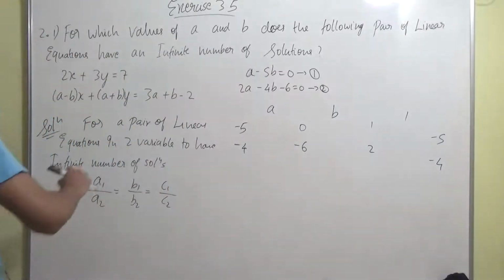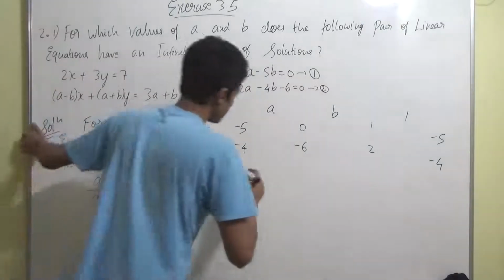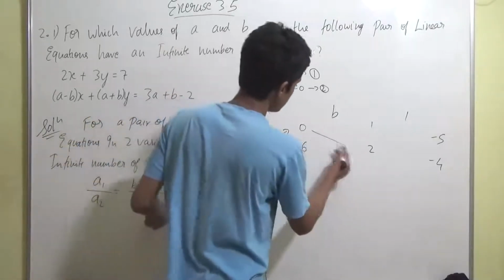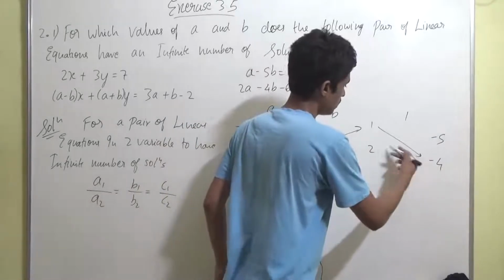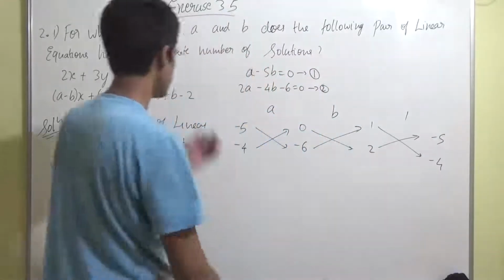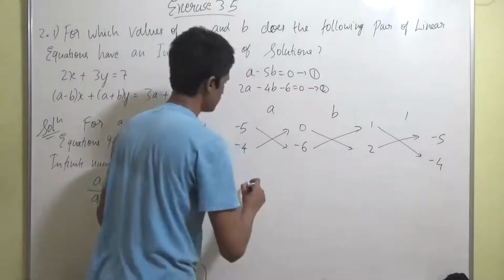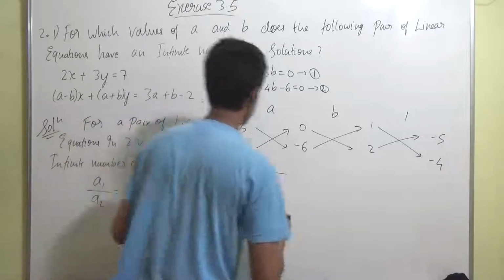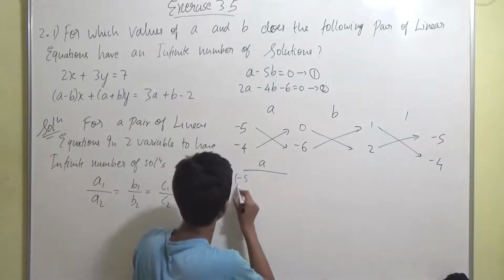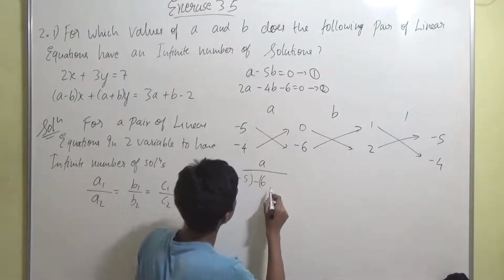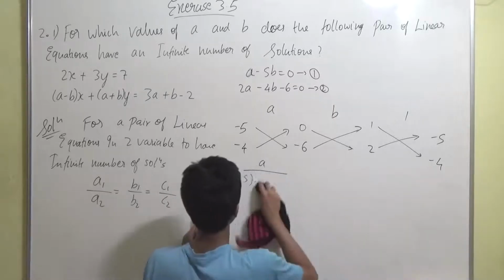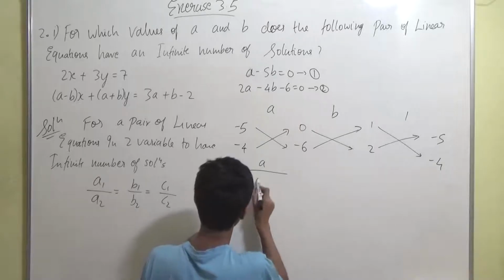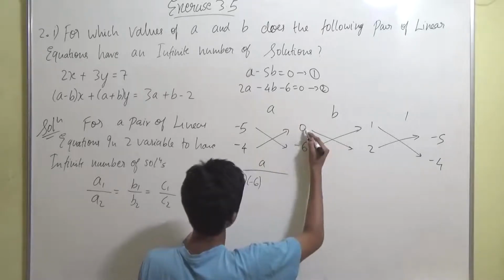Now let's go ahead and solve it. We'll do the cross multiplication, right? This multiplication minus this multiplication, this multiplication minus this multiplication. Getting it? This is the order. So you'll do a by -5 into -6. And here, 0 into -4.